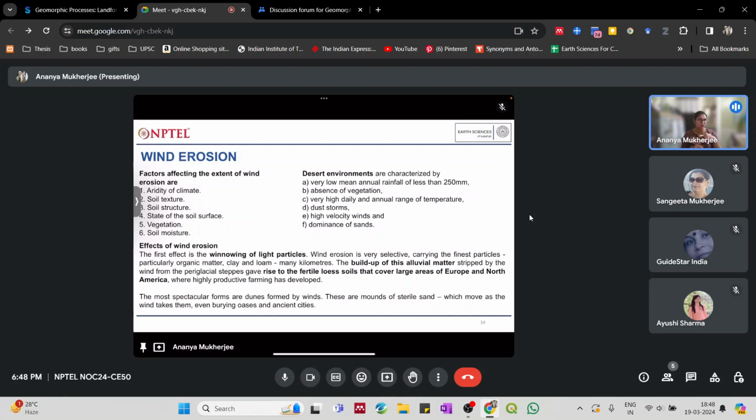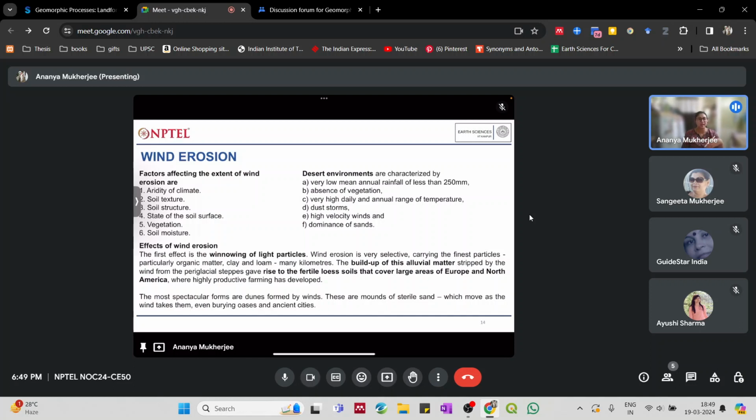If there is moisture present, then the soil can hold on to the sediments, and the wind will not be able to carry these sediments, so they will not get eroded. Soil texture, soil structure, again in a similar manner, the state of the soil surface, the vegetation and soil moisture. These are the factors which play a role in the intensity of the wind erosion that can happen.